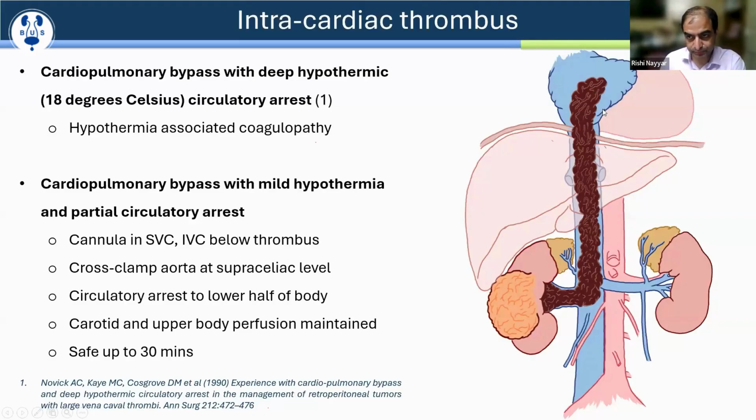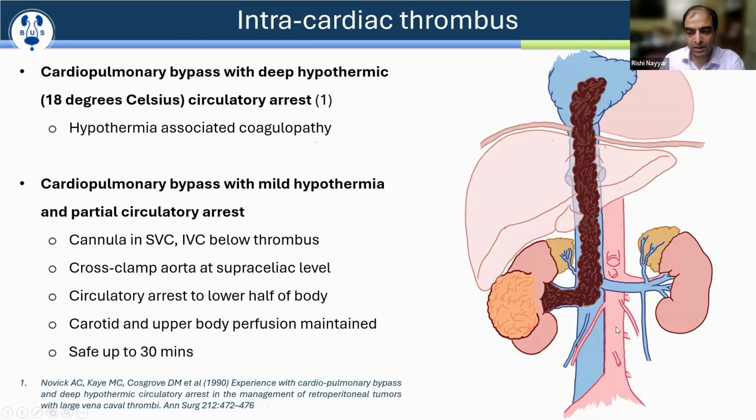If you do the case using this technique, a safety valve that can be kept is control of the infradiaphragmatic aorta. In case you are going beyond the time limits, you can clamp the aorta so that the blood flow to the upper half of the body can be maintained, whereas the blood flow to the lower half of the body would be kept clamped, and the bleeding would be less.